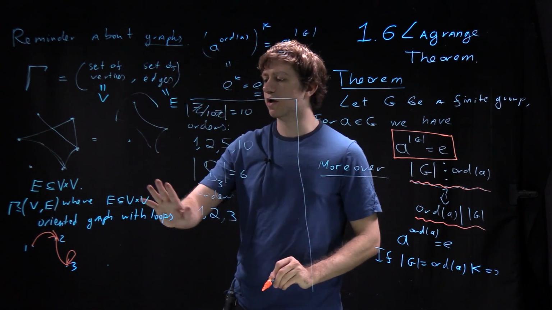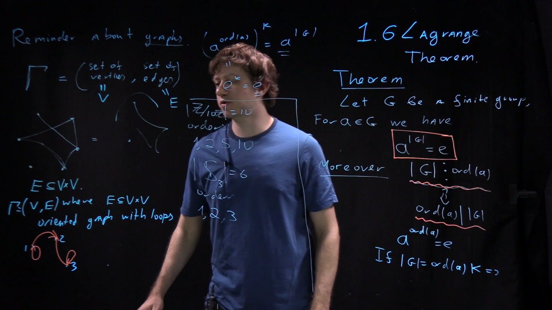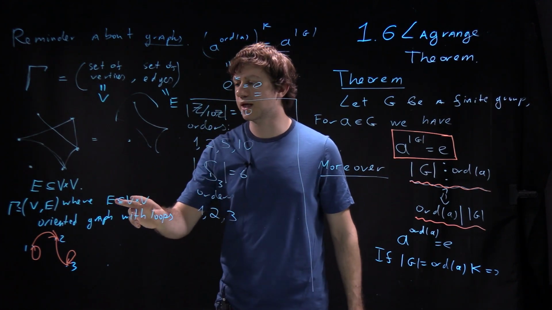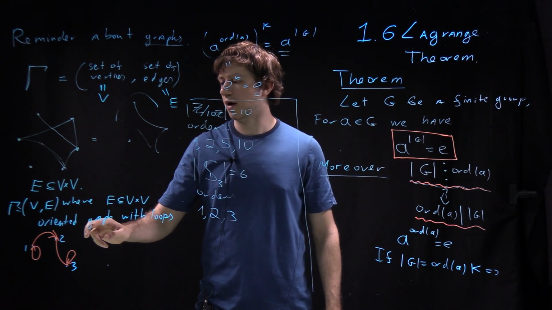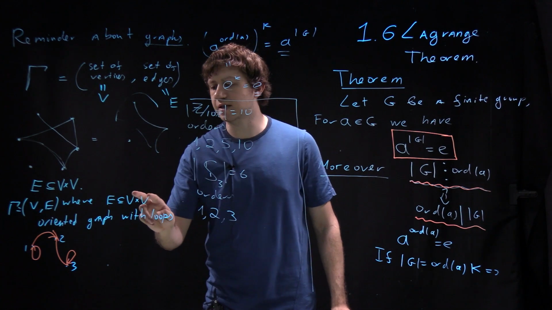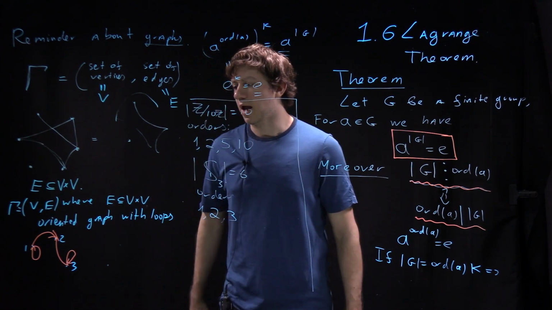So this is why this is an oriented graph with loops. But if you want to define a picture like that, you can, for instance, say that edges are pairs in V times V, but you identify pair AB and BA, and then you get rid of this orientation, and so on.